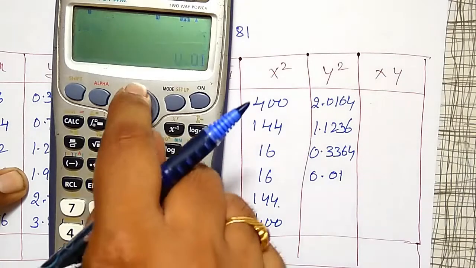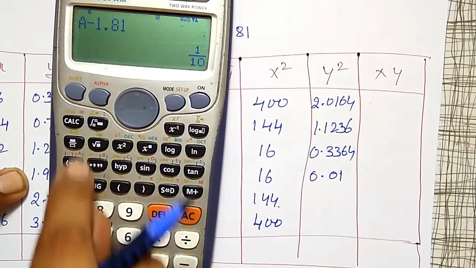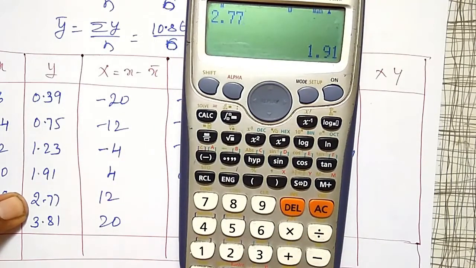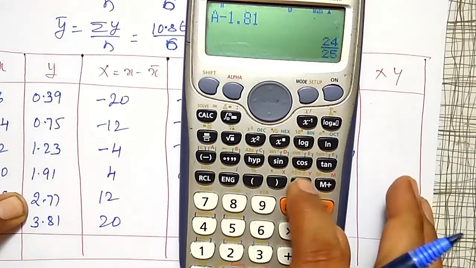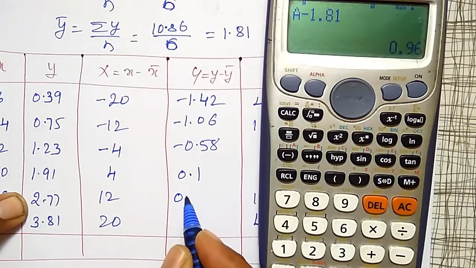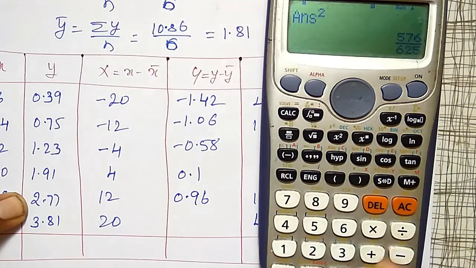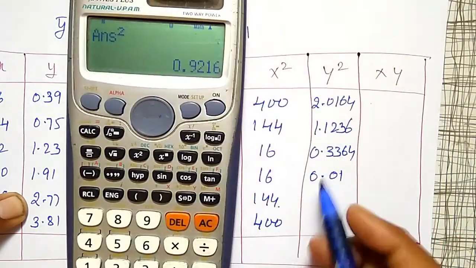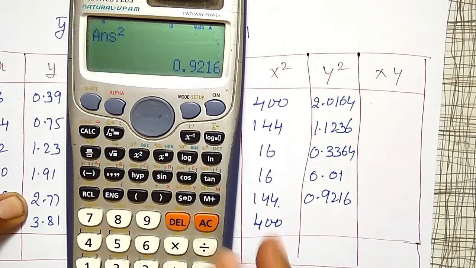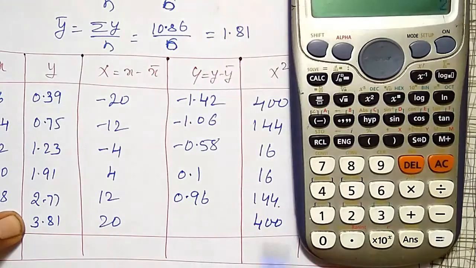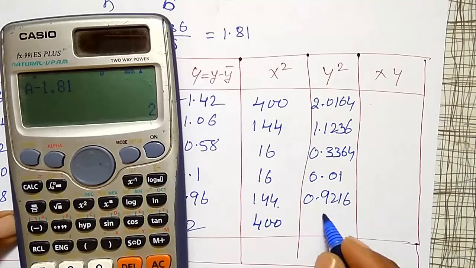Then 2.77 minus 1.81 is 0.96, and its square is 0.9216. Finally, 3.81 minus 1.81 comes out to be 2, and its square is 4.